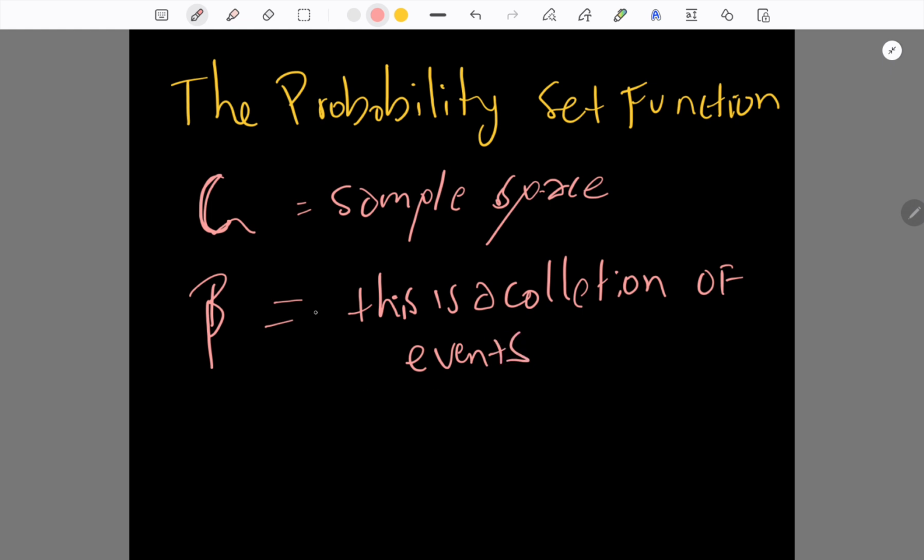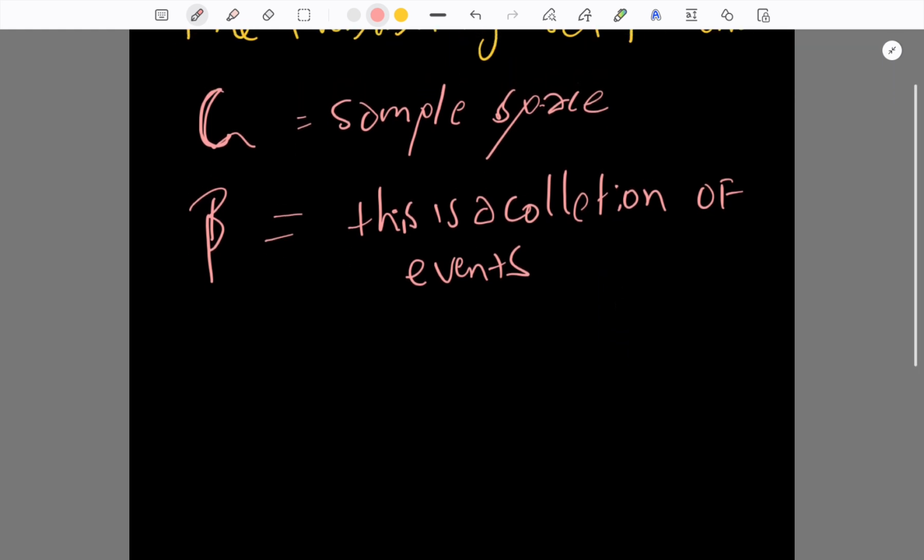That collection has specified properties, but in this case I won't tell you, because we need to be more mathematical technically in the result.